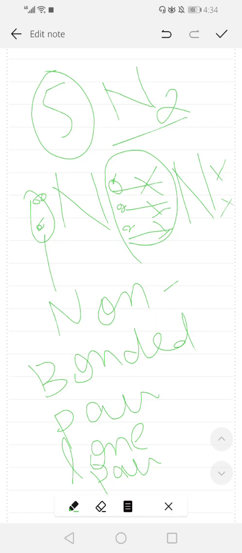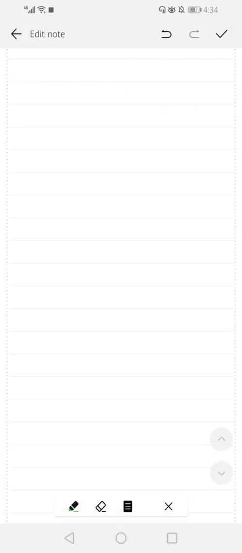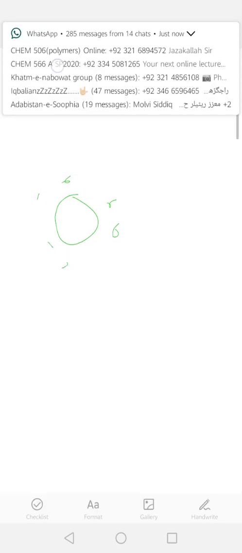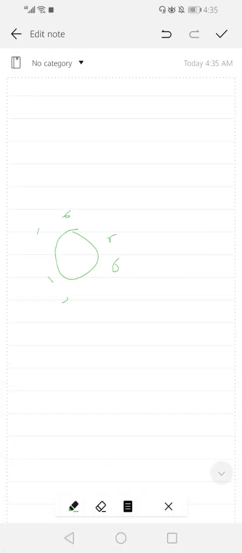Similarly, oxygen also has two covalent bonds, because oxygen has 6 electrons in its outermost shell, and it requires two more electrons.